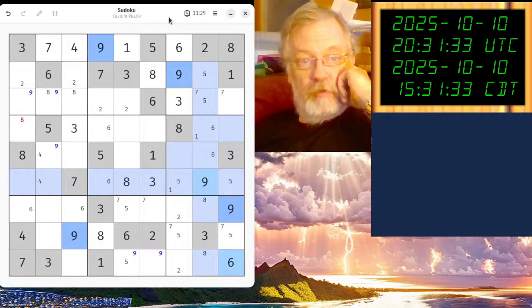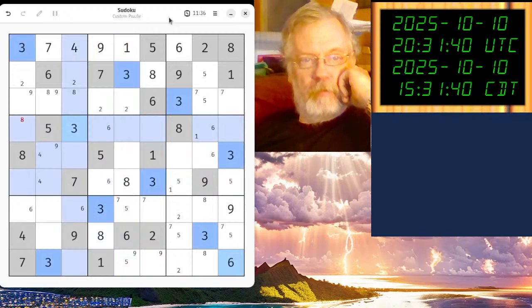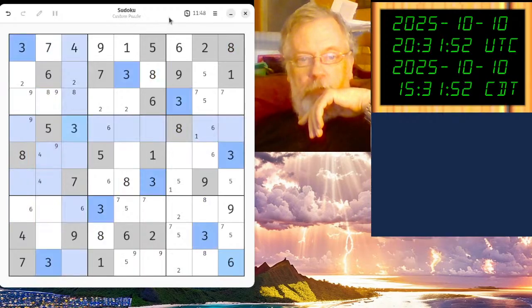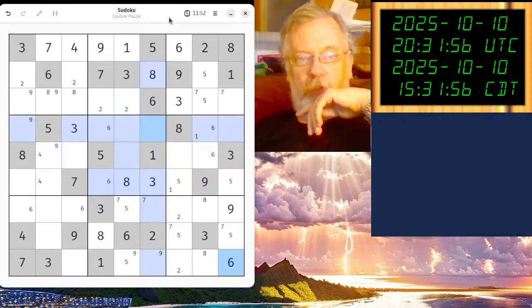Still have 2 possibilities in that top upper square. Well, this can't be an 8. That can be a 9 though. I think that's what that was intended to be. I've got 4 possibilities for a 9 here.